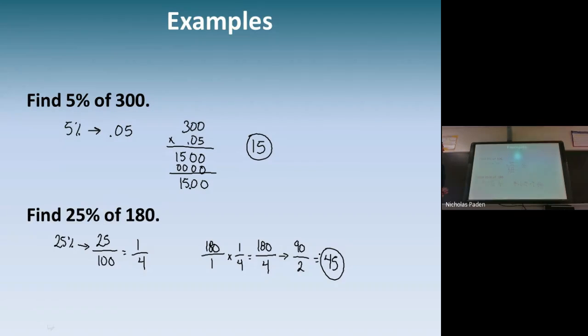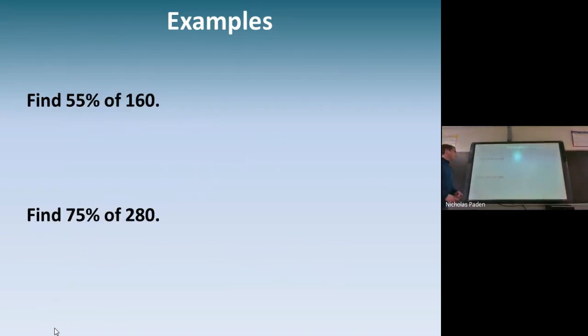Okay, so let's look at a couple others. We got 55% of 160. So here I would do 55% as a decimal. Make that 0.55, and then multiply 160 by that 0.55. So 160 times 0.55, and multiply just like normal.